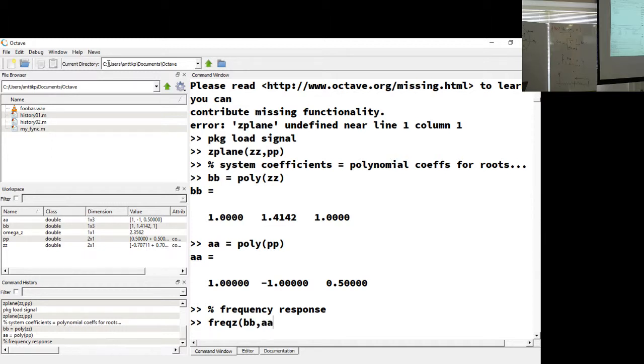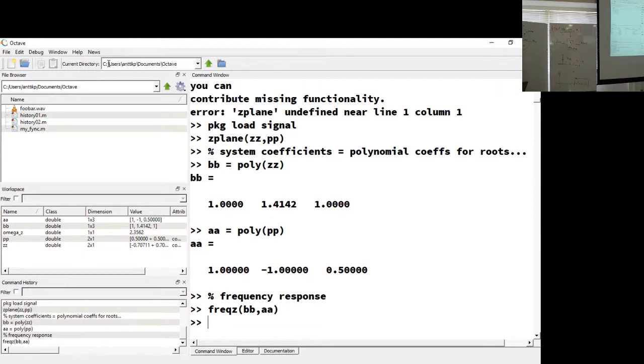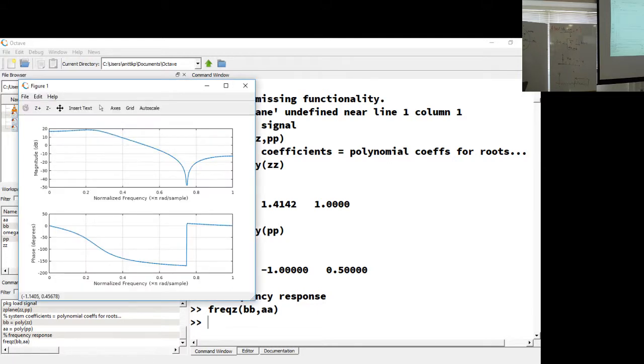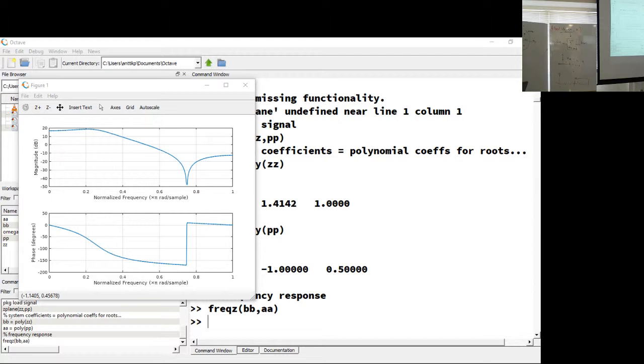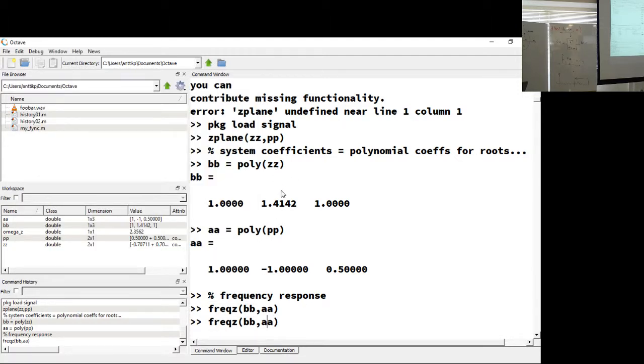Calling freqz with B and A will give the frequency response in normalized frequencies, meaning times pi radians per sample. If you want the real frequencies in hertz, then you just need to call this one with a couple more parameters.